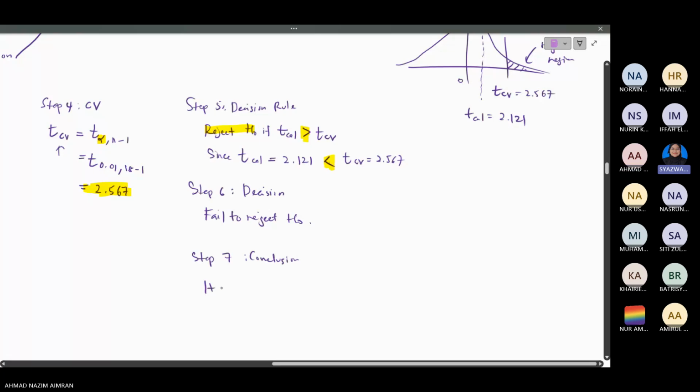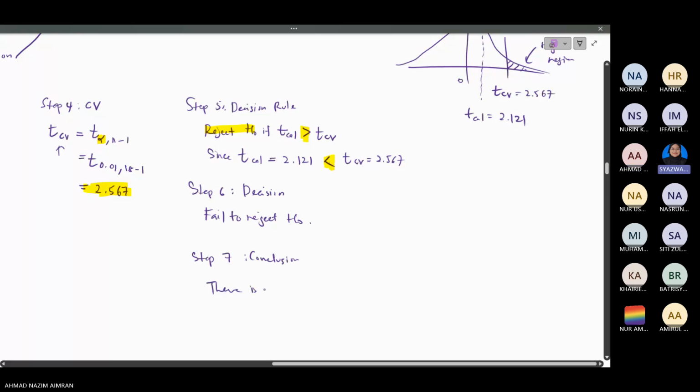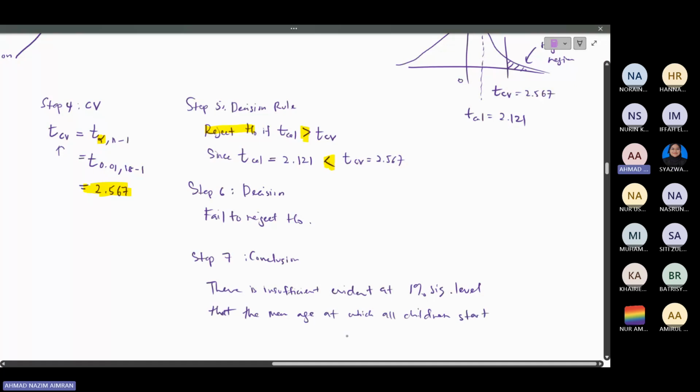There is insufficient evidence at 1% significance level that the mean age at which all children start walking is older than 12.5 months. Yes, all right, 12.5 months.